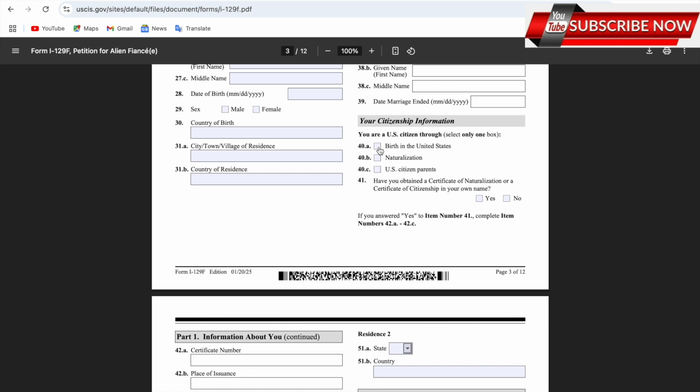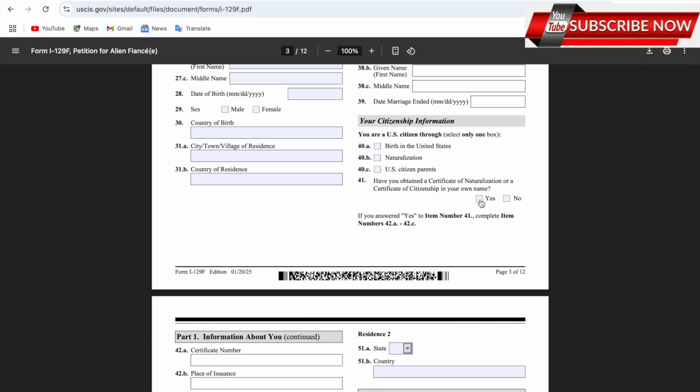If you got citizenship through your parents, you also don't have the certificate number. So for 40A and 40C, you don't have it. If you fall within 40A or 40C, you click on no. For 40B, you click on yes.